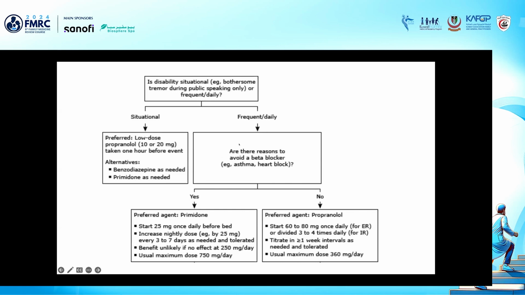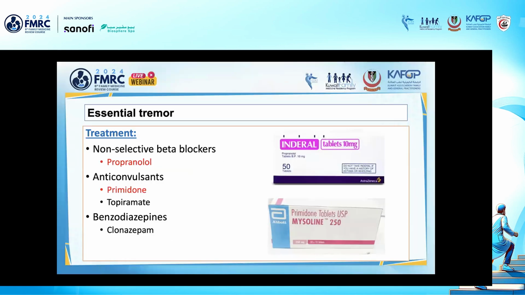But if it's frequent and daily, then you should go for propranolol at a higher dose, start with 60 to 80, and you can reach up to 360. If there's a contraindication to beta blocker, then primidone is considered as a first line treatment option.